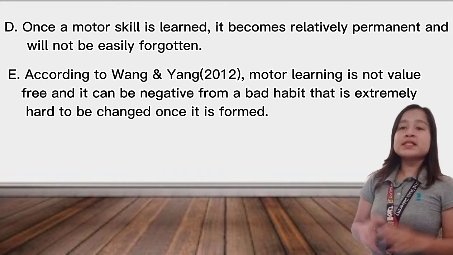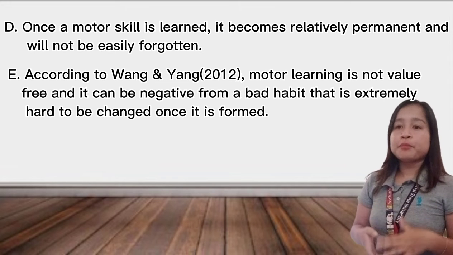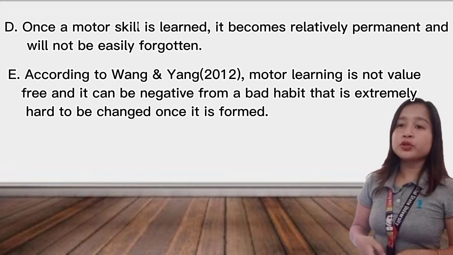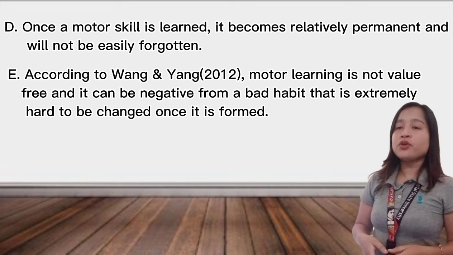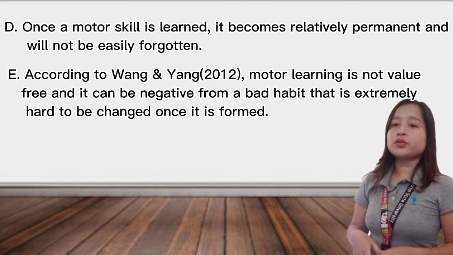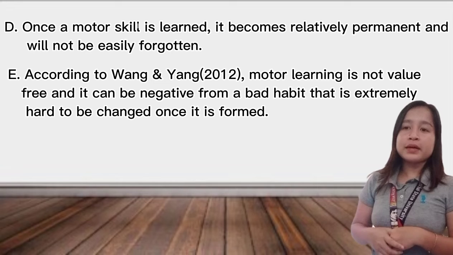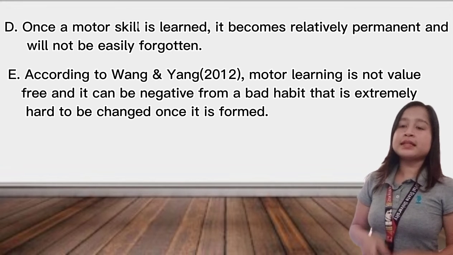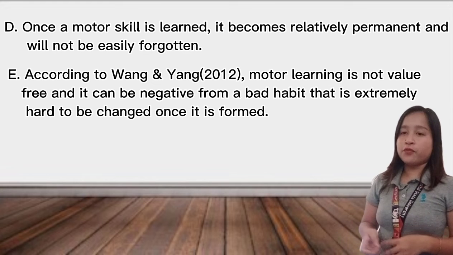Then letter D, once a motor skill is learned, it becomes relatively permanent. So, it will not be easily forgotten. The letter E, according to Wang and Yang, 2012, motor learning is not value-free and it can be negative, from a bad habit that is extremely hard to change once it is formed.